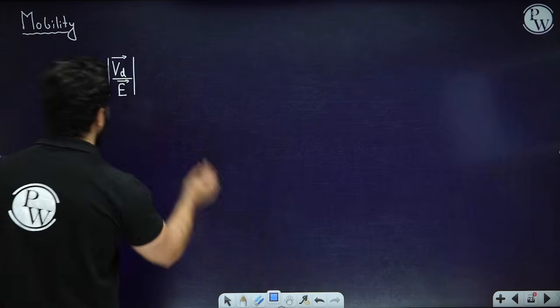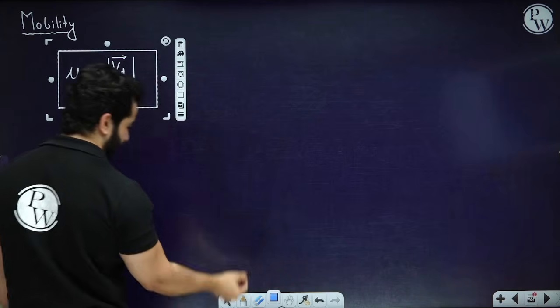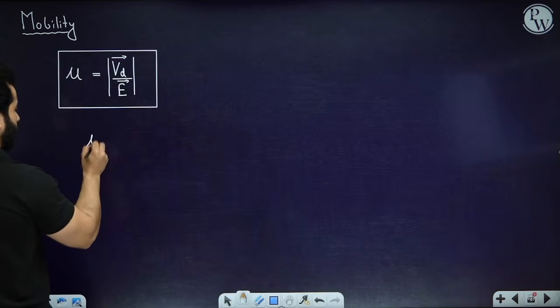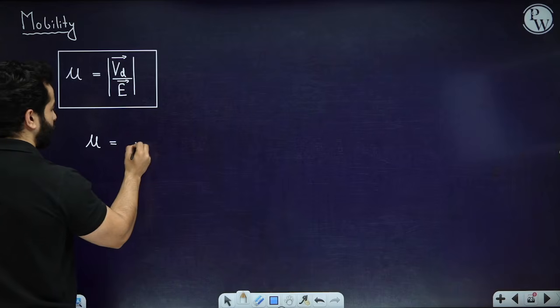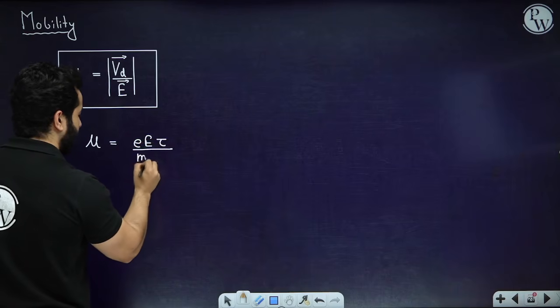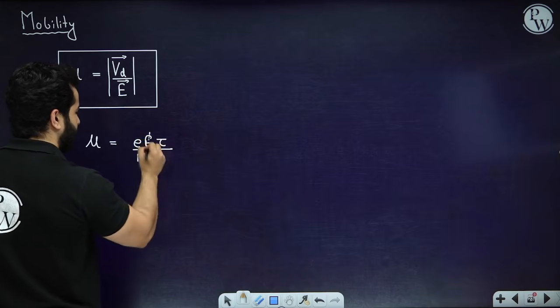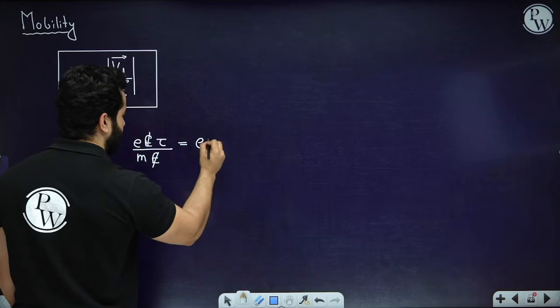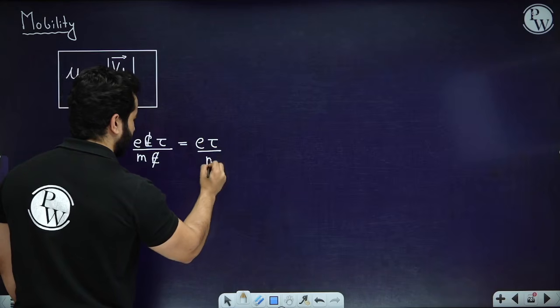If we substitute the value of drift velocity, it would be E tau by m divided by E. So E can get cancelled out, so this will come out to be E tau by m.